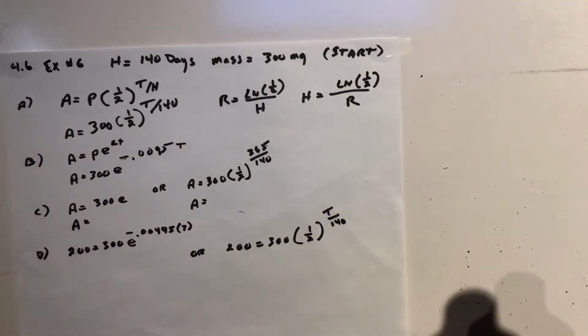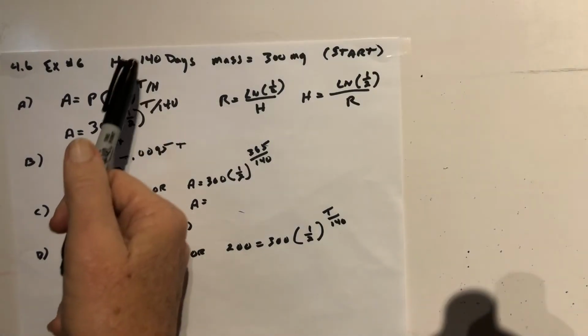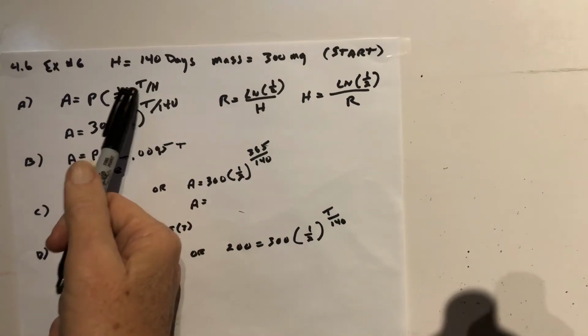Part C says, I think it's 1 year. How much will be left after 1 year? Now, these are both times. That's the time of the experiment and the half-life. It's in days, so time has to be in days also, and it says 1 year.